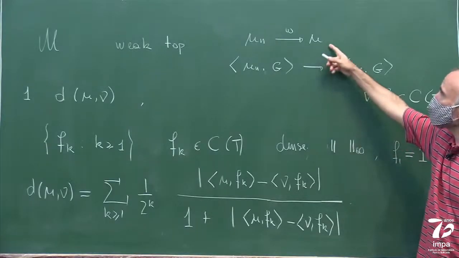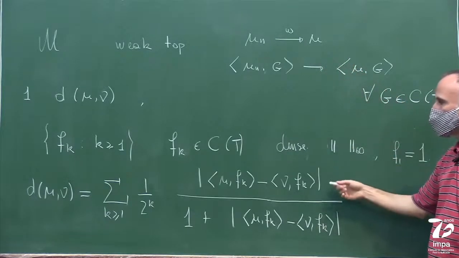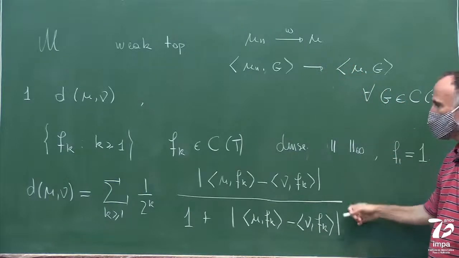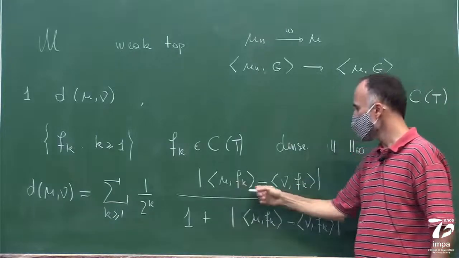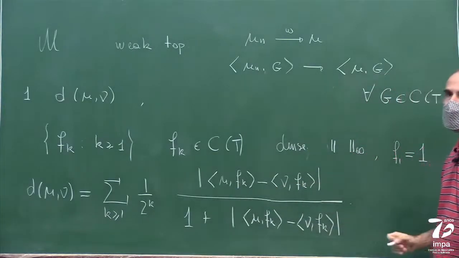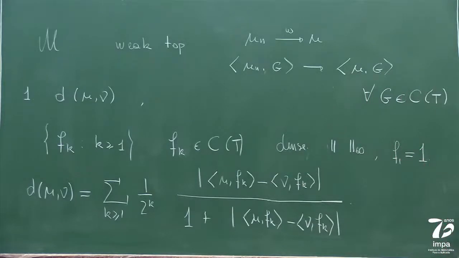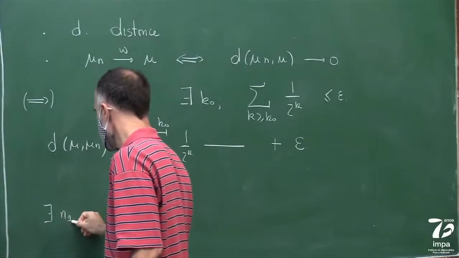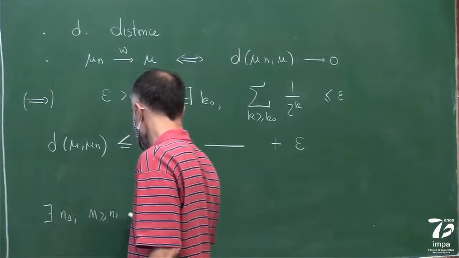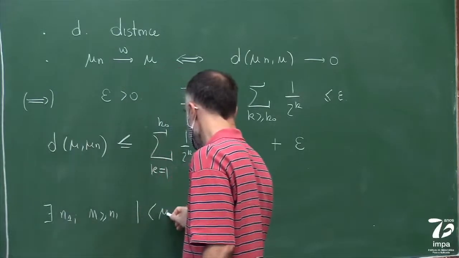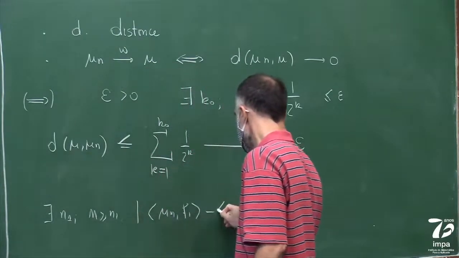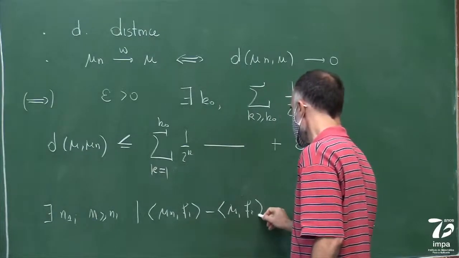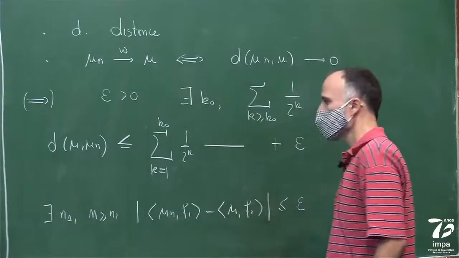Since mu n is converging to mu weakly, you can find n sufficiently large for this mu n f_k minus mu f_k to be smaller than your epsilon. So there exists an n1 such that if n is larger than n1, then this difference, mu n f1 minus mu f1, is bounded by epsilon.